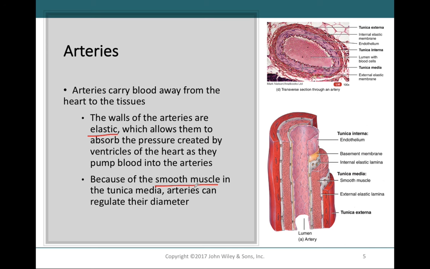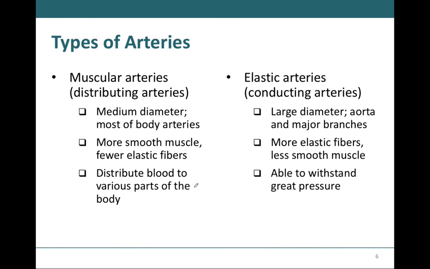If we vasodilate and allow for our vessels to open up, that is going to facilitate more blood going into that set of vessels. But if we close and vasoconstrict, that's going to stop blood flow going to a particular area. The key with arteries is that the tunica media is going to be much, much thicker than it is in the veins.